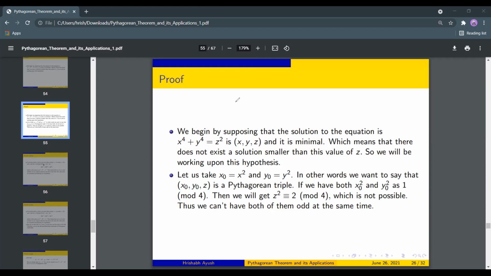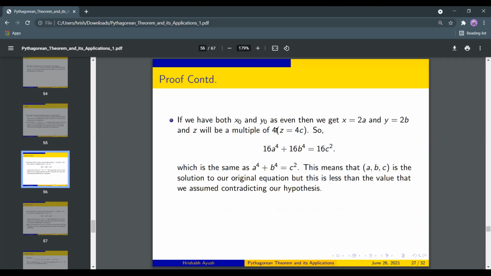Okay, so now we have that both of them can only be even. So we substitute them to be 2a and 2b, and z will be a multiple of 4. Why is it a multiple of 4?